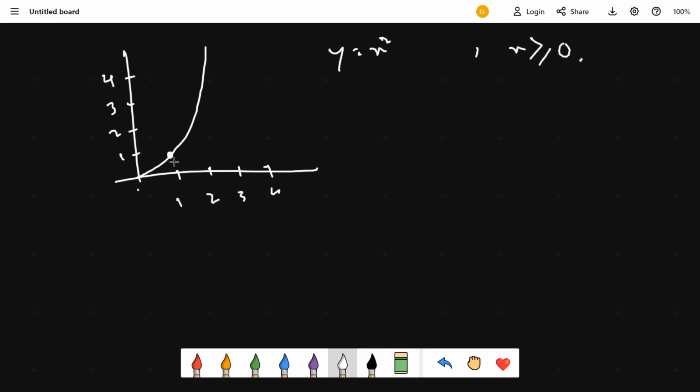Now, when they say to find the value of the gradient at this point, what do we usually do? We take a ruler, a scale, and try to get as close as possible towards that point.